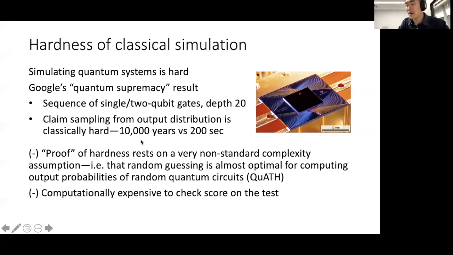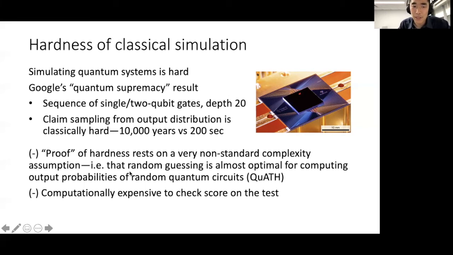Basically, this proof of hardness is still in doubt because it relies on a very non-standard complexity assumption, that if you try to compute the output probabilities of random quantum circuits on a classical computer, you really can't do much better than just guessing randomly.